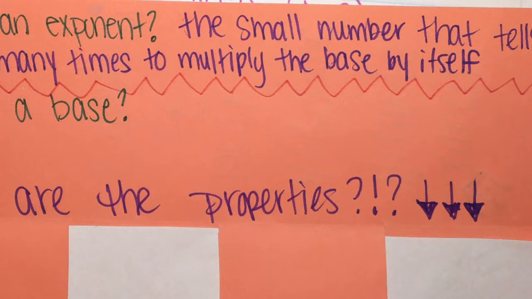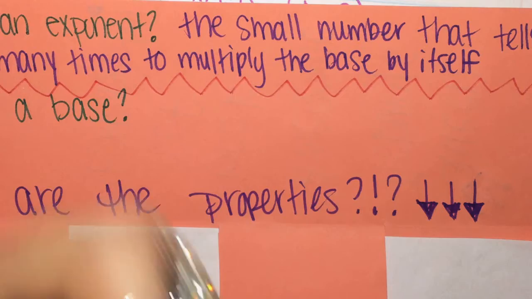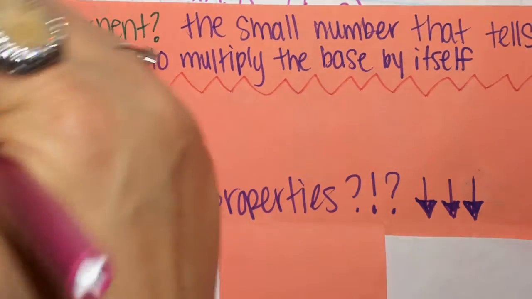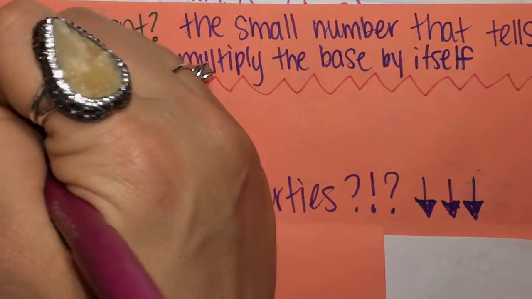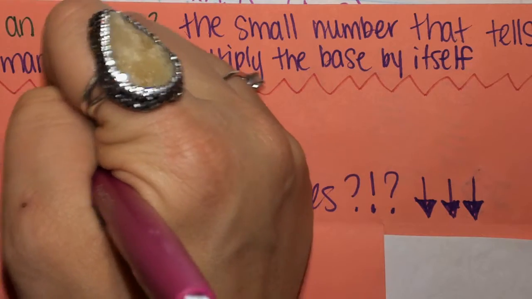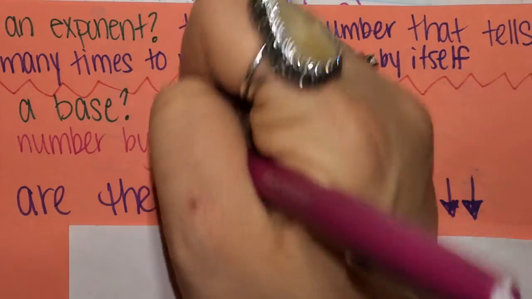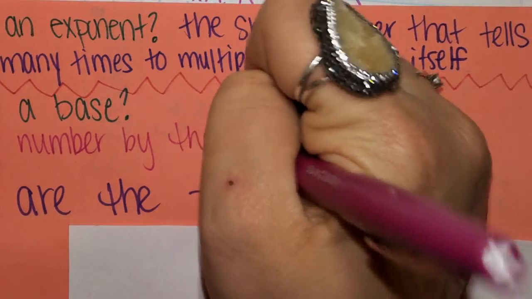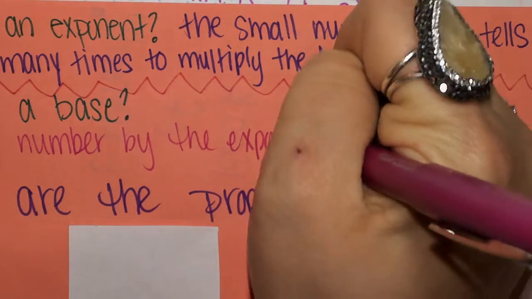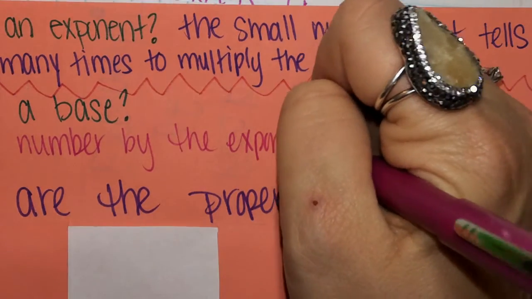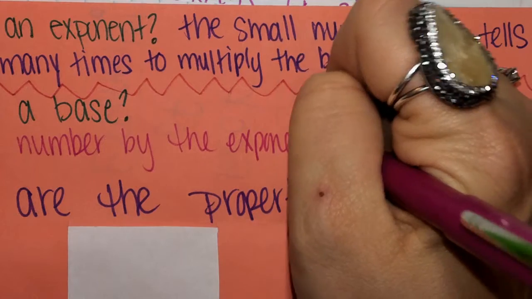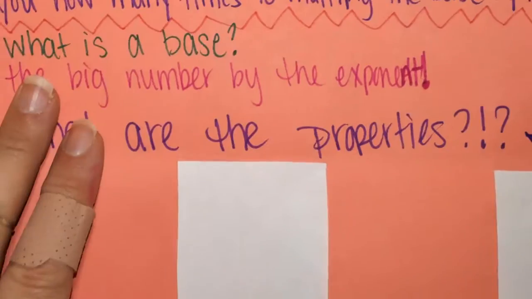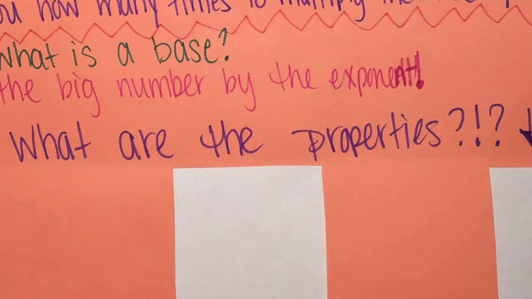Alright, so a base is the big number multiplied by the exponent. Ah, Blair. You messed up my handwriting. The big number by the exponent.